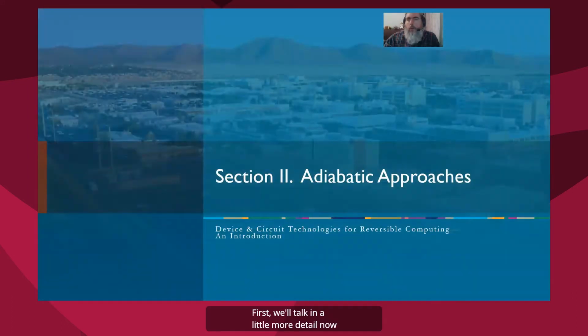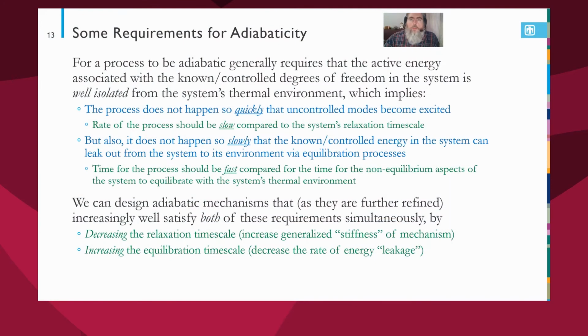So first, we'll talk in a little more detail now about the adiabatic approaches and what they involve. First, some general requirements for a process to be highly adiabatic, or in other words, to not involve much entropy increase.